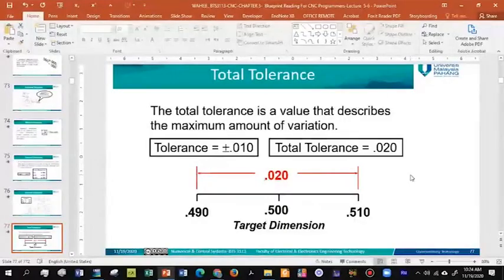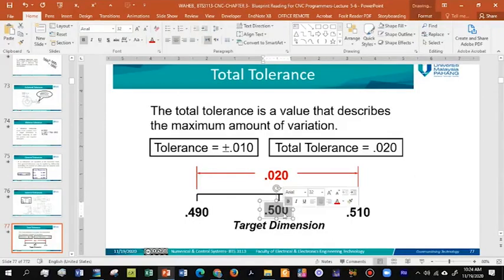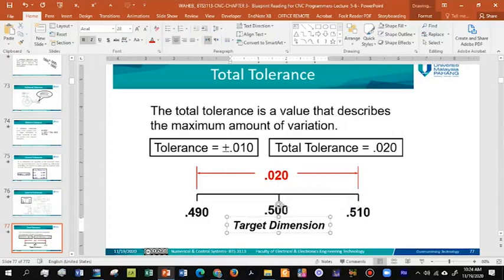Tolerance represents the total amount or the total value that is allowed to change or vary from the targeted dimension. So for example, here this targeted dimension is 0.5 inch or 0.5 millimeter or 0.5 centimeter, whatever the unit. So this is our target, and this dimension has a bilateral plus minus 0.01.